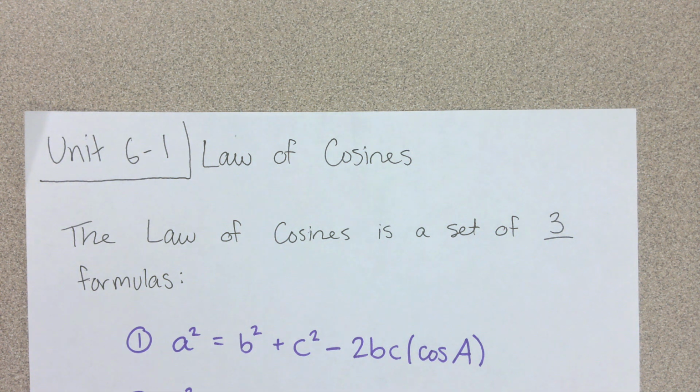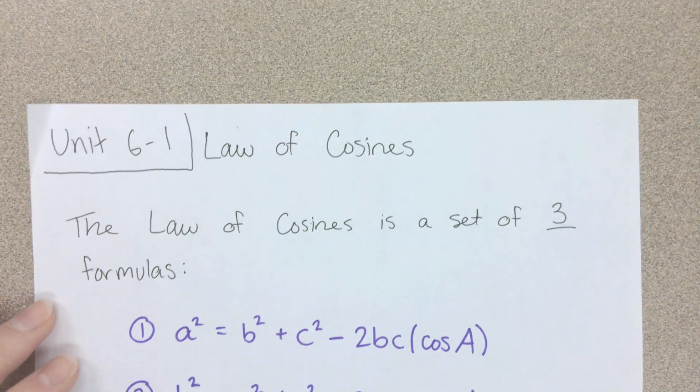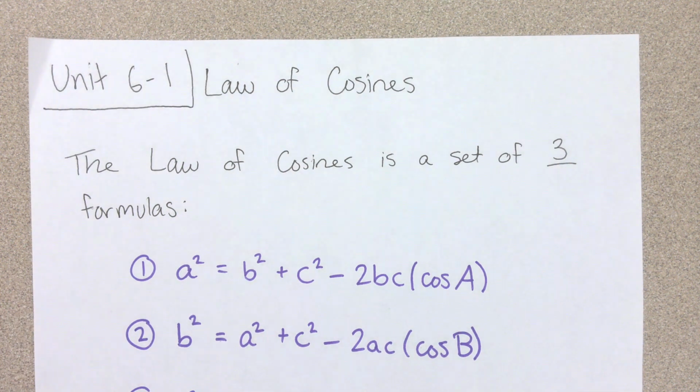As you'll see, this pattern repeats, just putting the letters in different positions. Formula 2, b squared equals a squared plus c squared minus 2ac cosine of B.